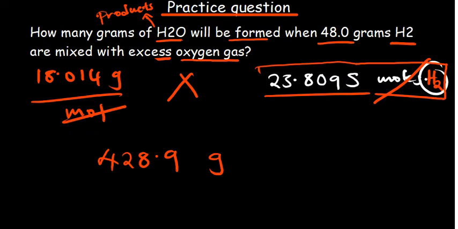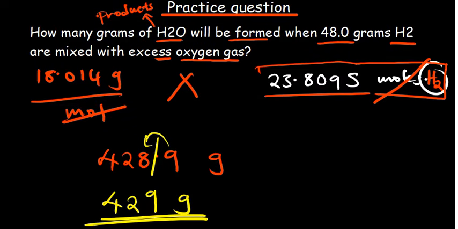Therefore our answer becomes 42, and because the number is greater than 5, we'll add the 1 to 8. It becomes 429 grams as our solution. Okay, so take note of that.